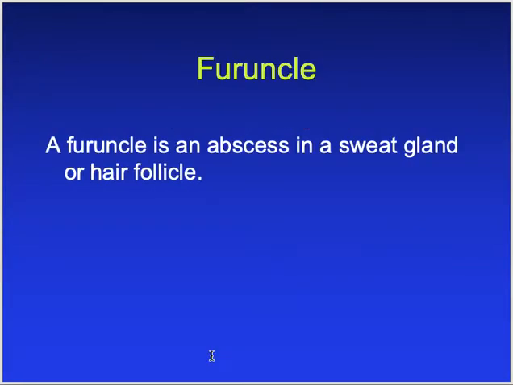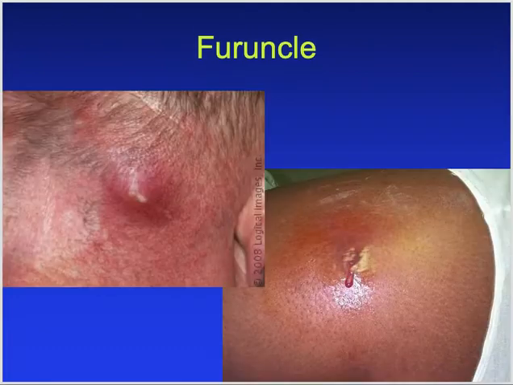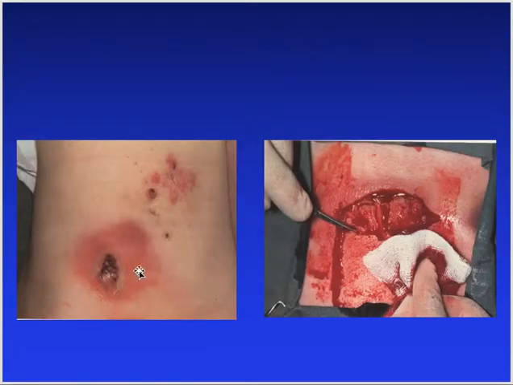Next to that is furuncle. Now what is furuncle? Guys, furuncle is basically an abscess in a sweat gland or a hair follicle. I'm sure when I show you, you will understand what I'm talking about. It's a very, very common infection. So this is called furuncle.